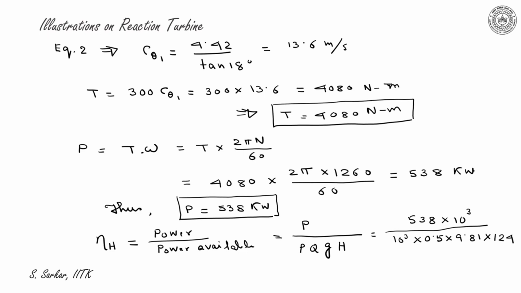The statement of the problem is a Francis turbine has a diameter of 1.4 meter and rotates at 430 rpm.